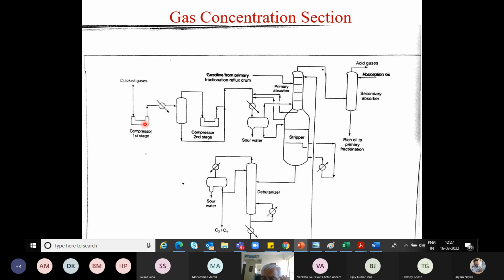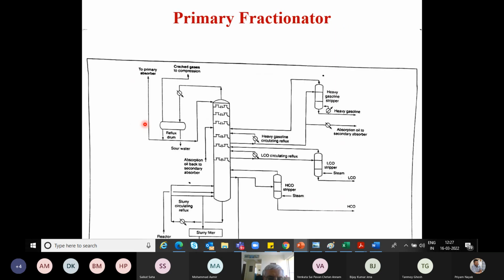This is why we don't have this compressor system in the atmospheric distillation column: first, the gas flow rate is very small, and second, we take advantage of the naphtha stabilizer as well. But here the gas quantities are pretty high because remember we went through a cracker.